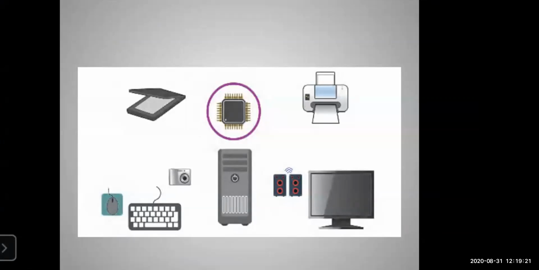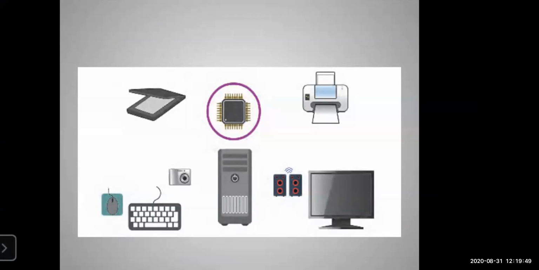Input devices: they allow the user to enter data and instructions into the computer. As I told you, keyboard is an input device, mouse, microphone, scanner, touch screens. In mobiles, we have touch screens. Joysticks, graphic tablets, digital cameras are there. So all these are input devices.